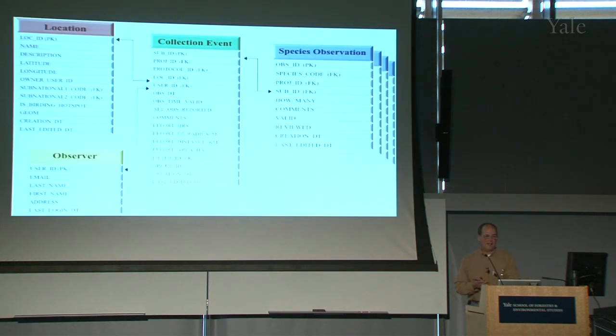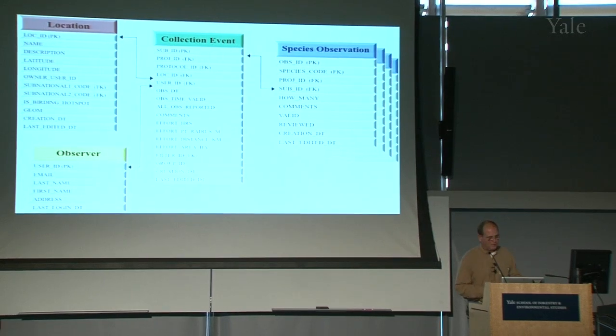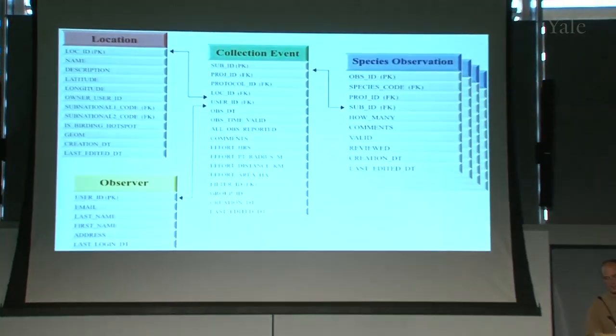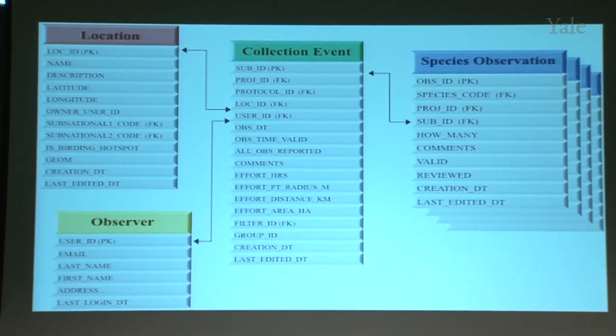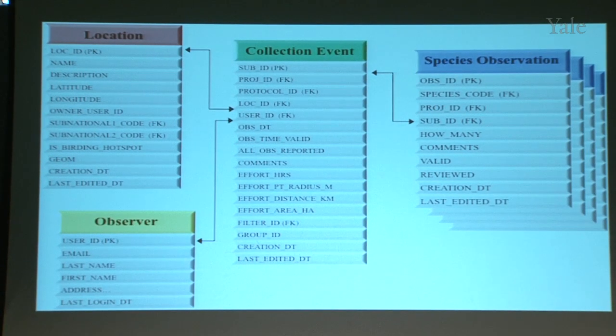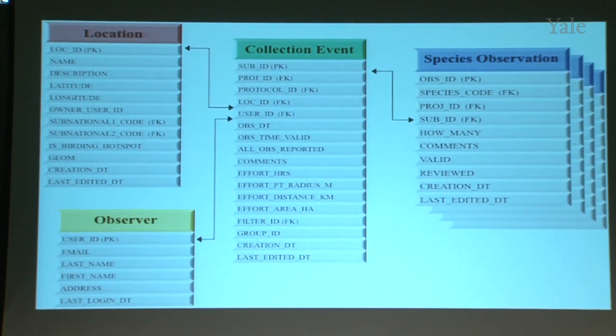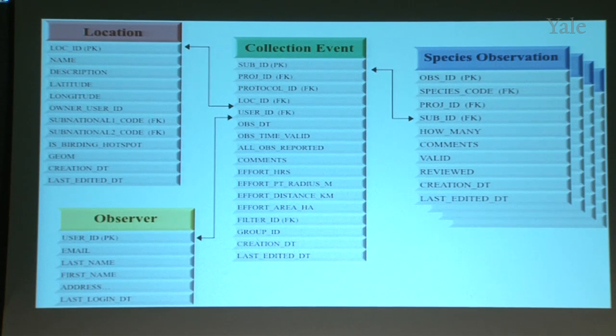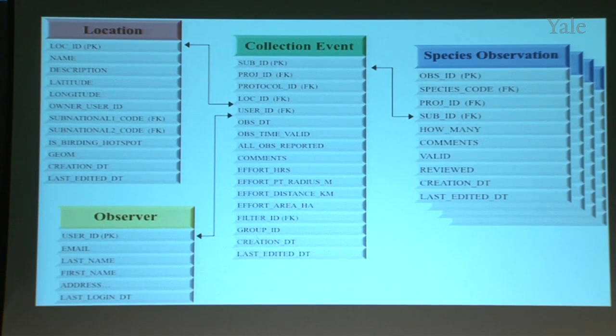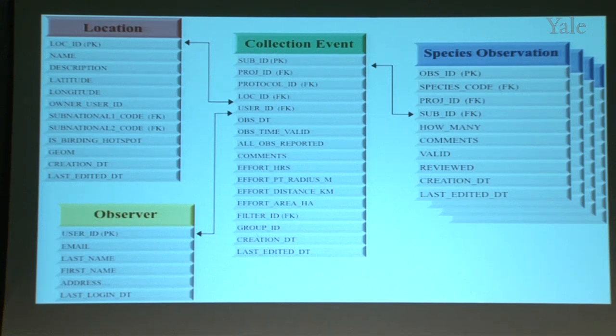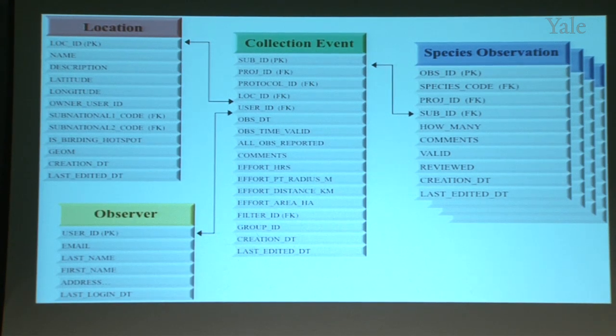So we've developed a data model that is a series of 4 relational tables that store all of our information on the location, who the observer was, the protocol information during the collection event, and then the species observation itself. And then from that set of tables, we can relate them together to quickly develop a series of data warehouses and other kinds of functionality to provide access to the data.